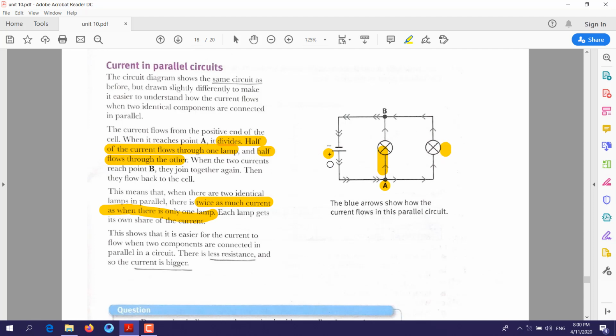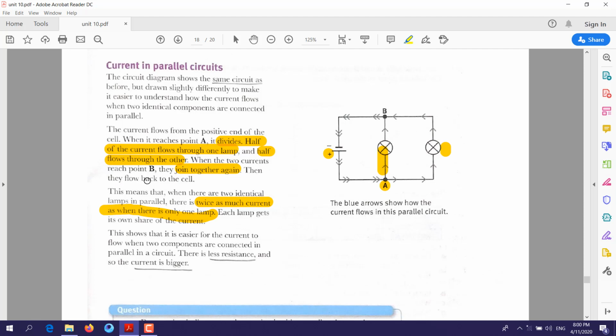The current comes from the positive end. When it reaches point A, half of it will go to this lamp. The other half will go to the next one. Then they will meet again. When the two currents reach point B, they join together again.